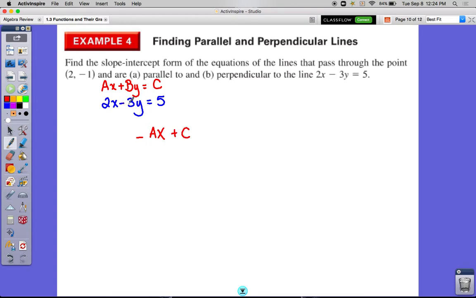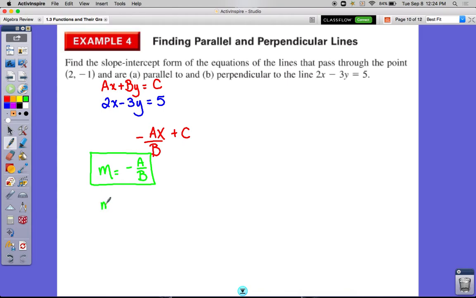And then I'm going to divide by the number in front of y, which is b. And we learned earlier that the number that goes in front of x is really the slope. Therefore, the slope from standard form is the opposite of a over b. That might be something worth committing to memory. It saves you from having to solve for y. If you don't like that, then you can always solve for y and find the slope in front of the x, but I promise you won't be any different than this.